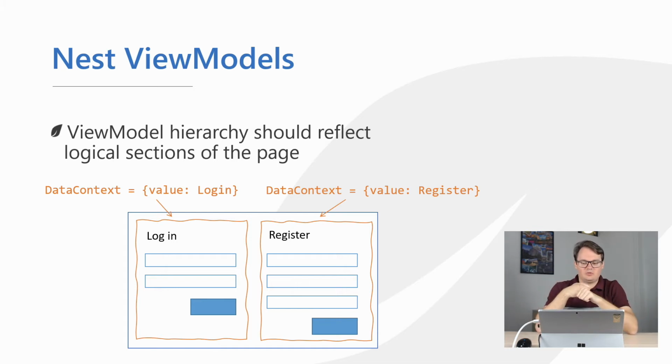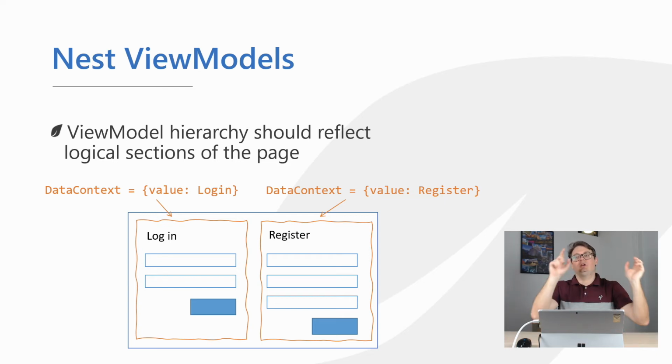It's easier to start with tiny view models for each logical section, and then have one view model that will only contain the login and register objects, and these will be the nested view models, basically the child view models. Yeah, so if the page has multiple independent sections, make sure you create a separate view model for each one.